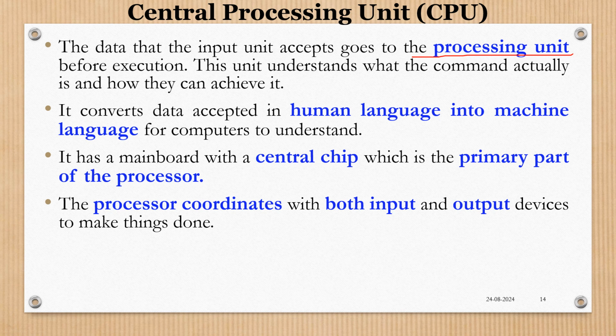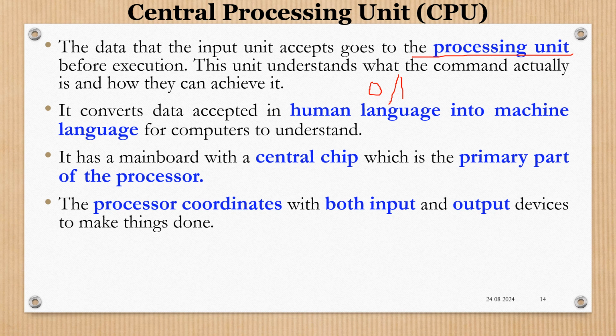Now the processing element works on logic gates, and logic gates work in a 0 1 format. So the computer or the central processing unit understands only 0 and 1, because it works on the logic gates, which are either on, off, 0 1.